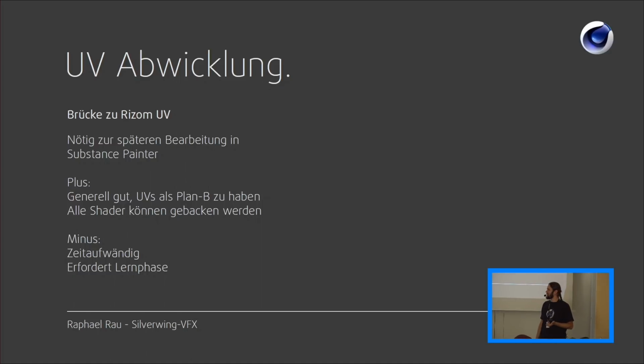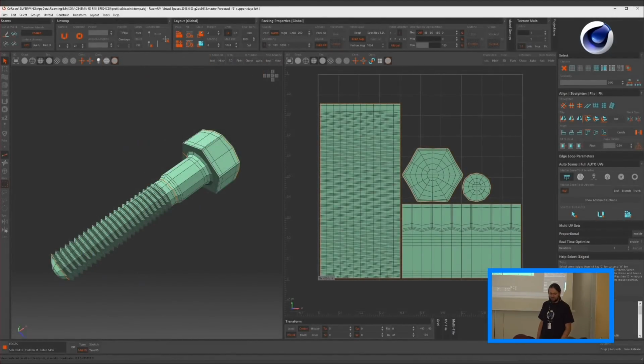But it's actually not that bad. If you do it a couple of times, it's like doing some fixes in Photoshop or something. It's just another task to do. It's not something very technical that takes a lot of time. So here are a few screenshots I did for the UV.